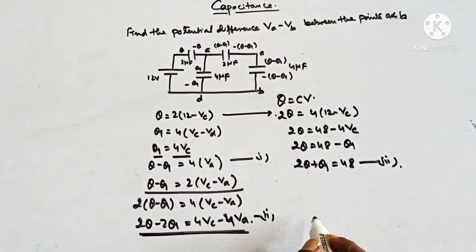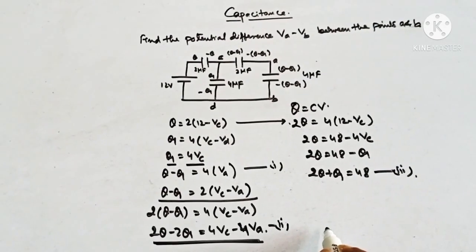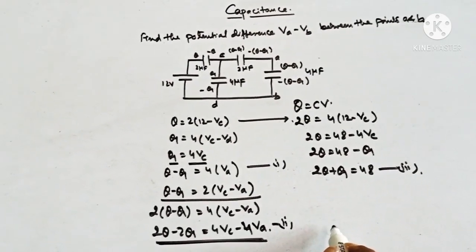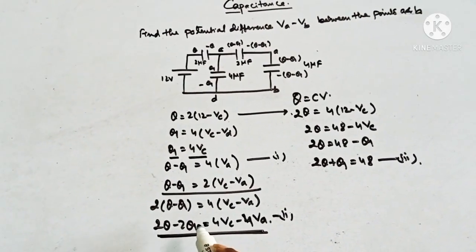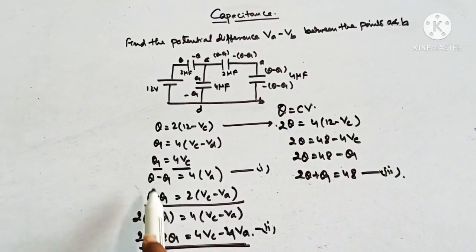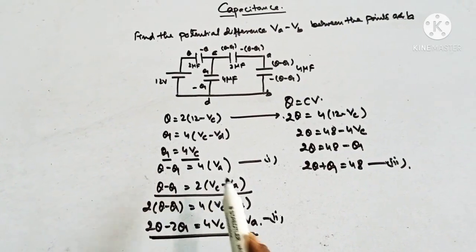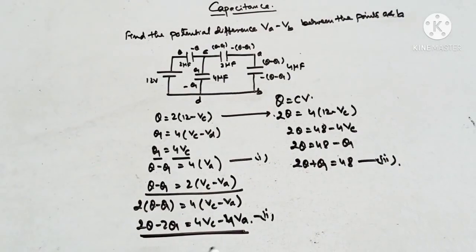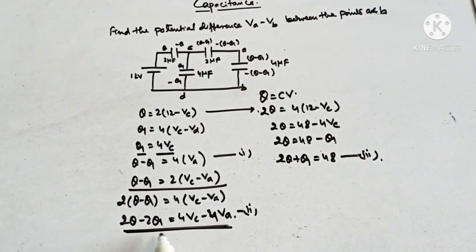Now again I have to do something. What I'm going to do is, if I add these two equations, then Q will come out to be 4VA minus VA, the value of 4VA.